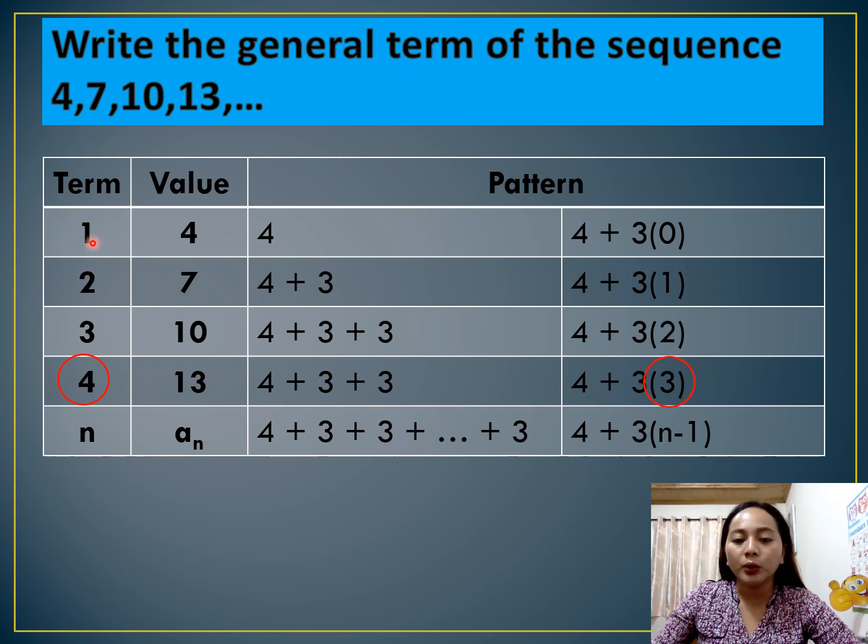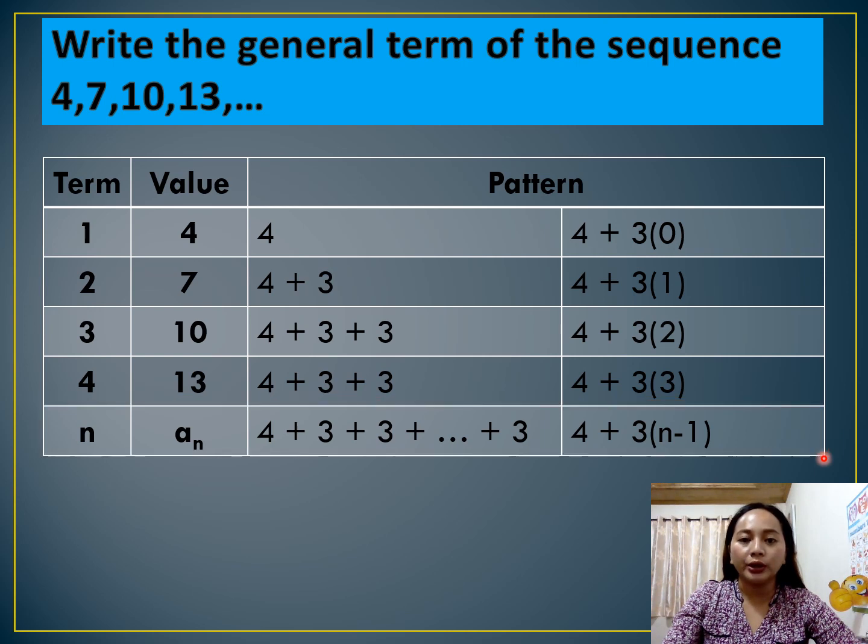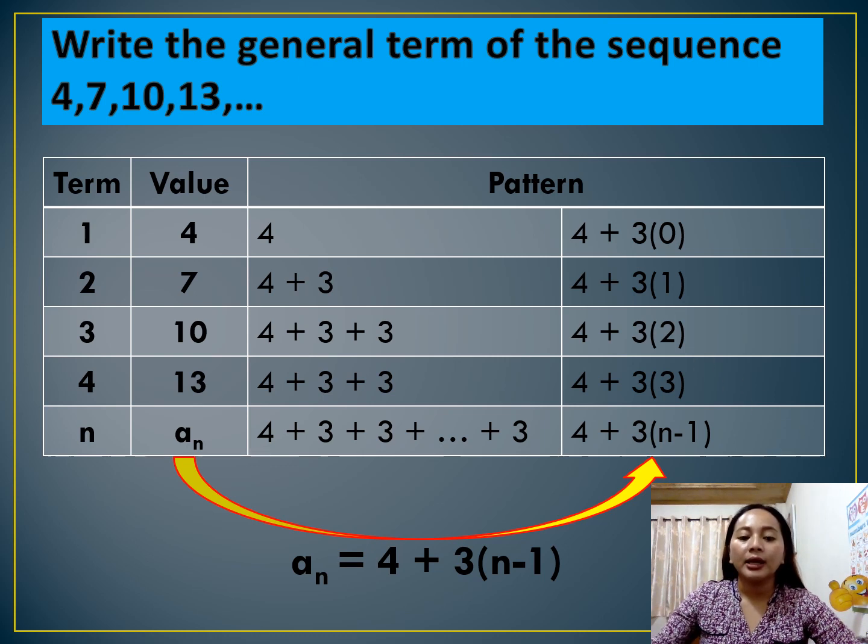If term is 1, 3 is multiplied by 0. Now what will happen if the term is n? What will be multiplied to 3? That is n minus 1. So now, that leads to this part of our solution. a sub n is equal to 4 plus 3 times n minus 1.